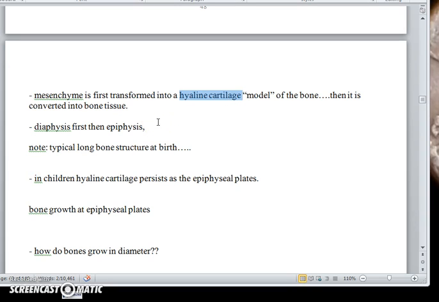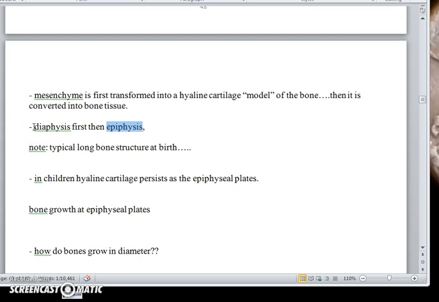So way early in embryonic development, a fetus has a humerus and a femur, but there's no bone in it. It's all made out of hyaline cartilage. And then you turn it over into bone. So you do the diaphysis first, and then the epiphyses, plural.